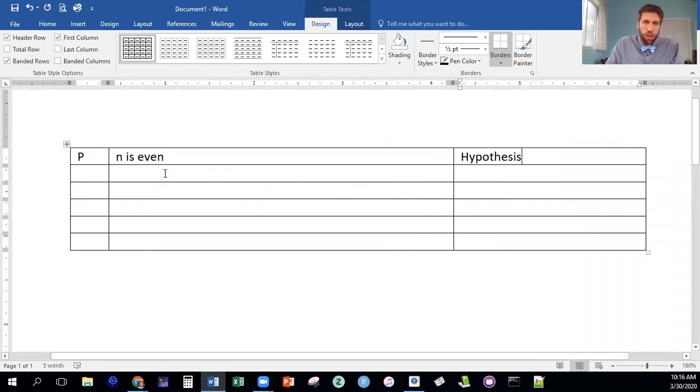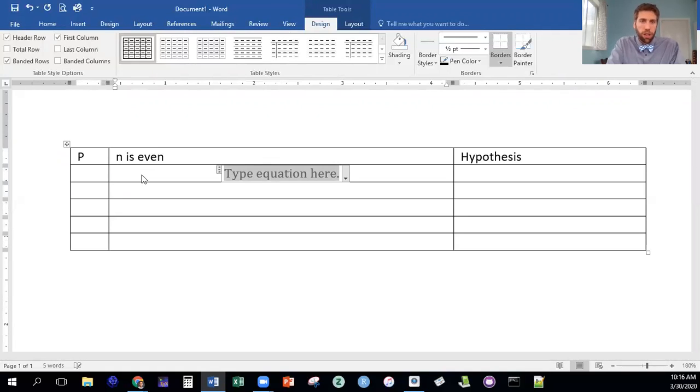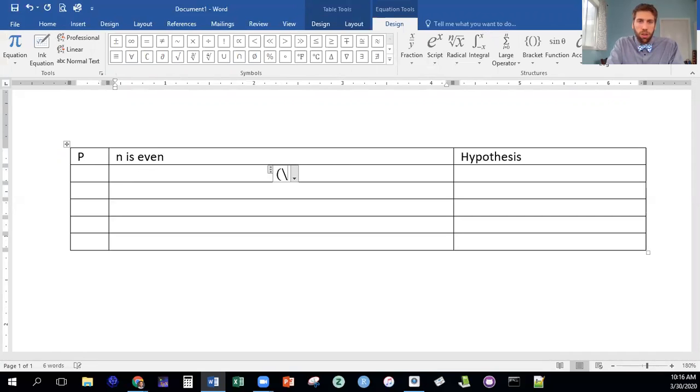Okay. And then we unpack the hypothesis, so let's start our equation. Exists k in Z. I don't know if that's going to work. Oh dear. All right. Exists k in Z. Maybe I'll fix that later.